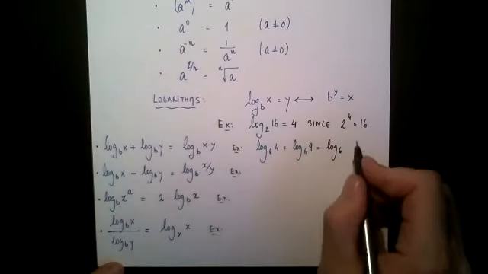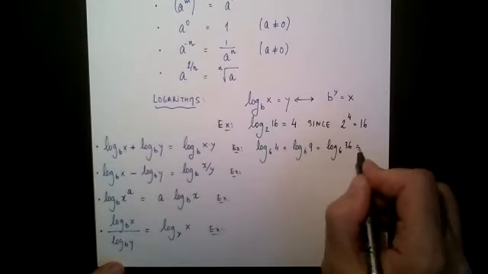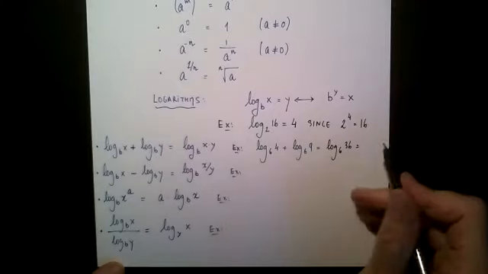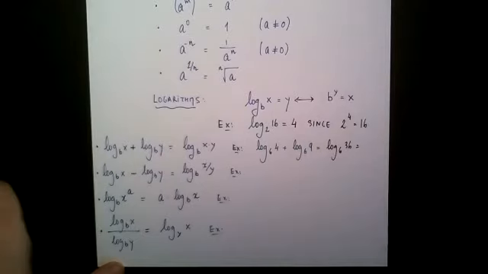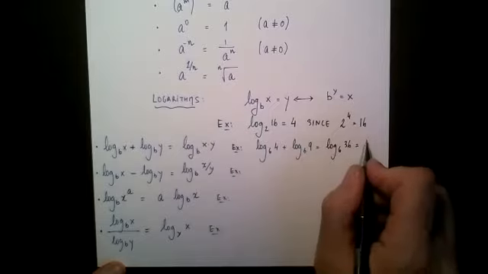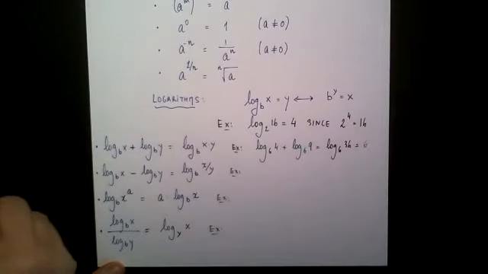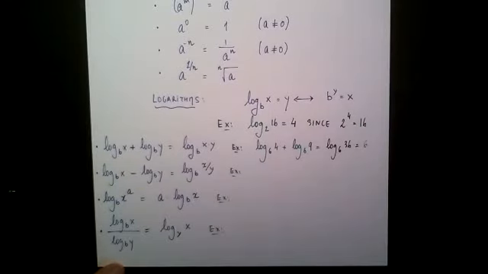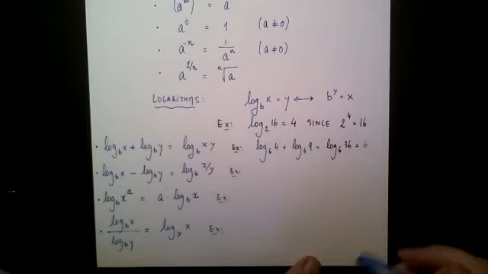So you multiply 4 times 9 is 36. And log in base 6 of 36 is what? 2. Good? Isn't it 2? Yeah, it's 2, okay?